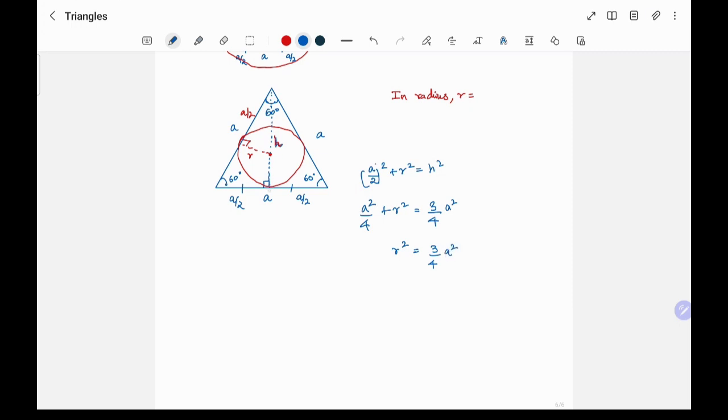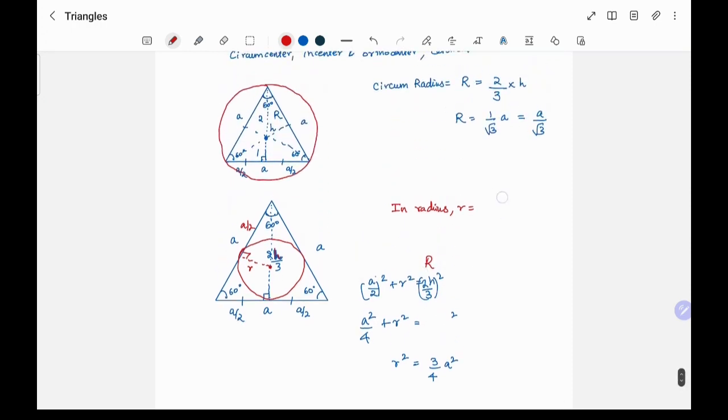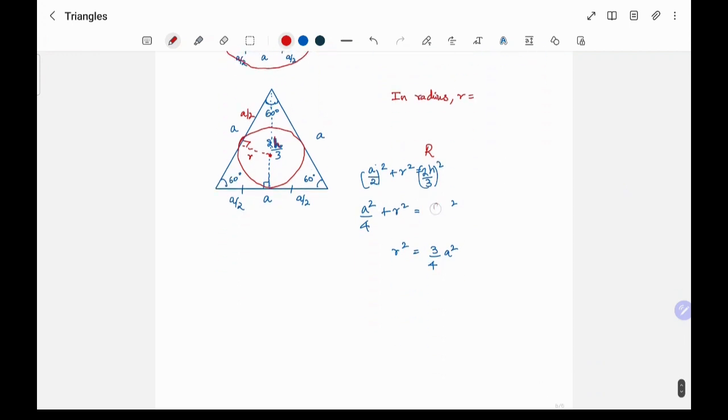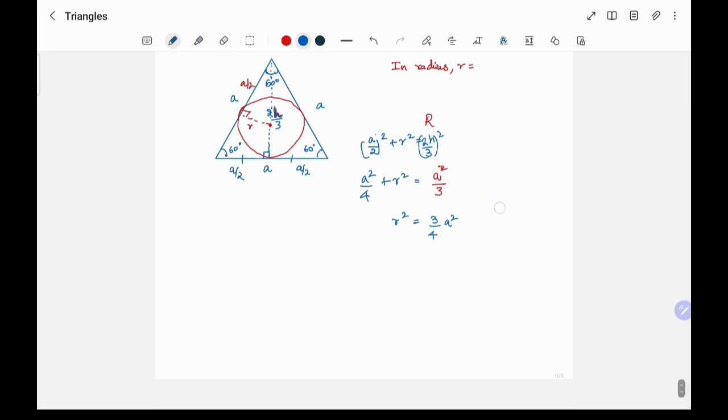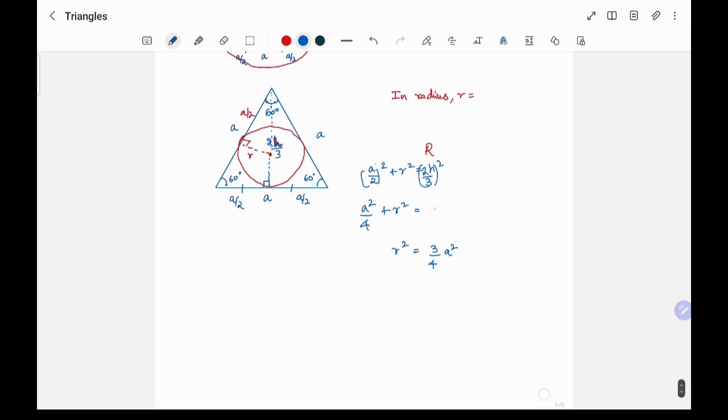Sorry, this total length is h and this will be 2h by 3, which is nothing but capital R. So capital R is a by root 3, so R square will be a square by 3.